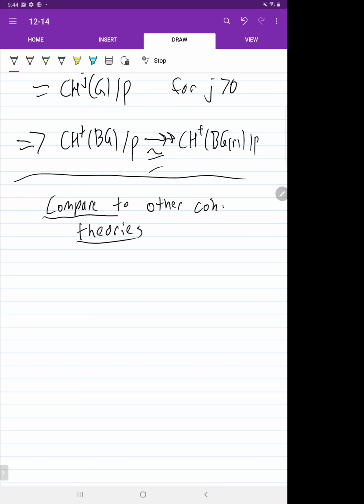So the one I'm going to be interested in is étale motivic cohomology, also known as Lichtenbaum cohomology.